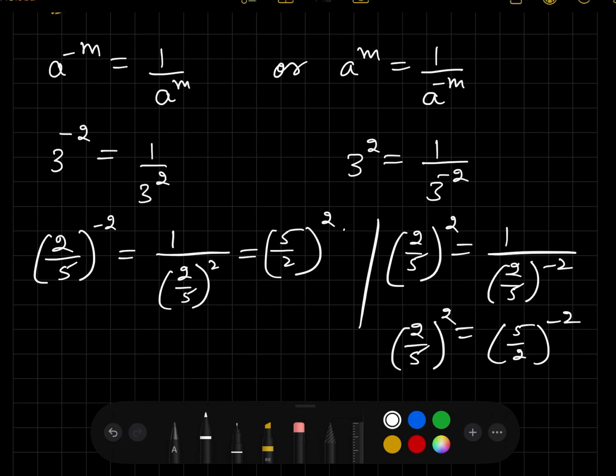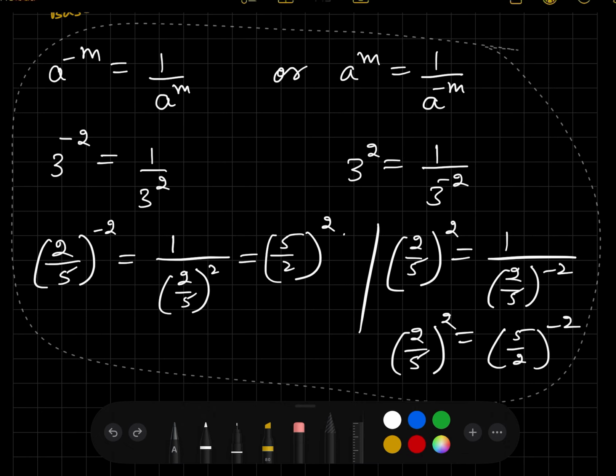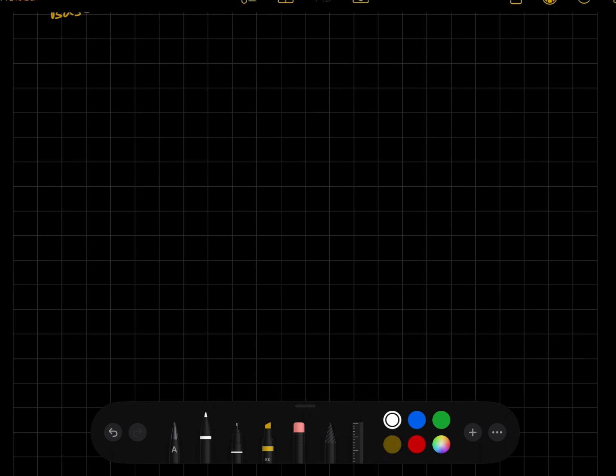Fine. And last but not the least, the rule is, oh, let me remove this all. Yes, the next rule is like if any number is raised to some power like this, a raised to x over y, I can write it in third form, like I can say this is the yth root of a raised to x.